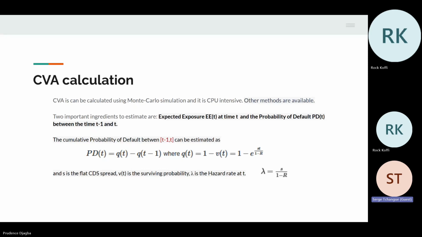To calculate CVA capital, your bank needs already to know how to do CVA, because you should have a CVA desk. So you should be able already to calculate CVA. The regulator doesn't give you a formula to calculate CVA. They give you a formula to use your CVA sensitivity to calculate CVA capital. Okay. Yeah.